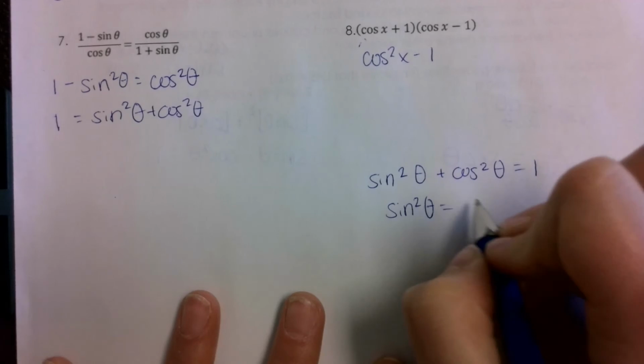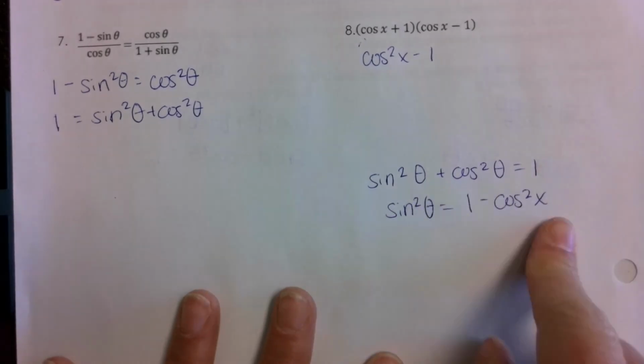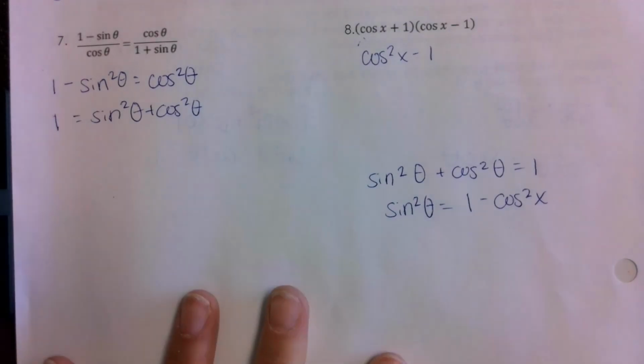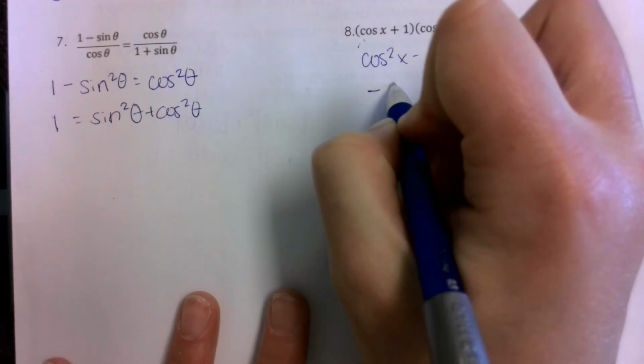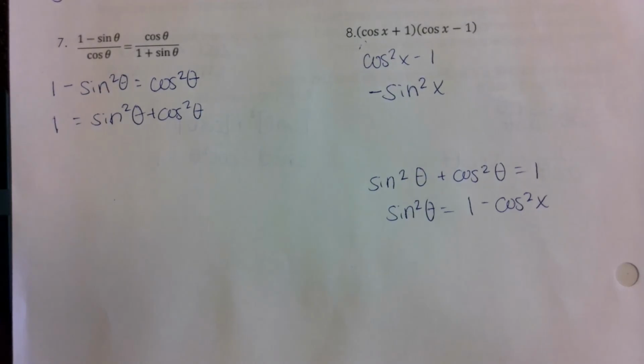So you got 1 minus cosine squared, which is fine, but it's not the same as this, correct? So how could we make these the same? Negative 1, so we could just say negative sine squared of x. Is that okay? And that's as far as you could go on that one.